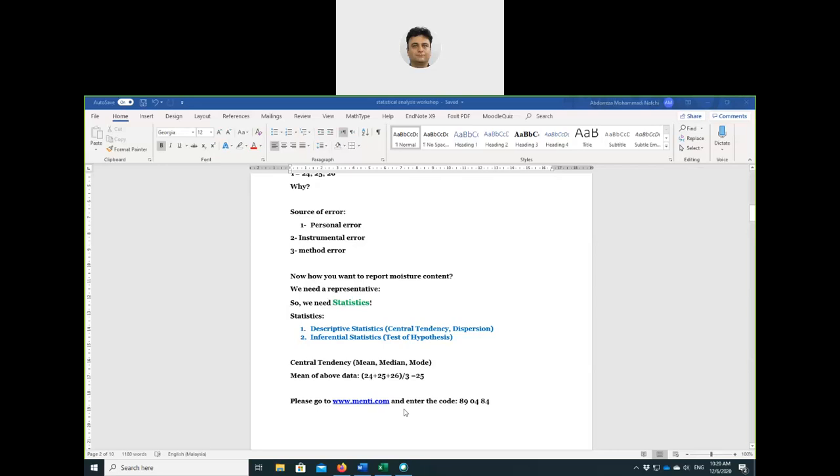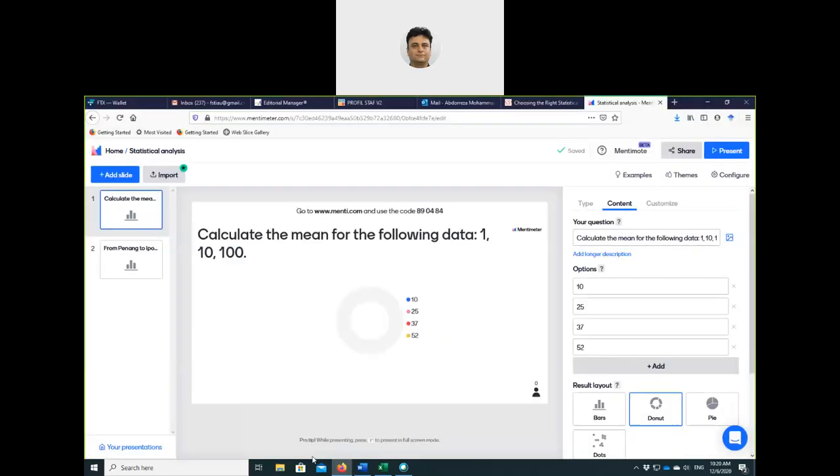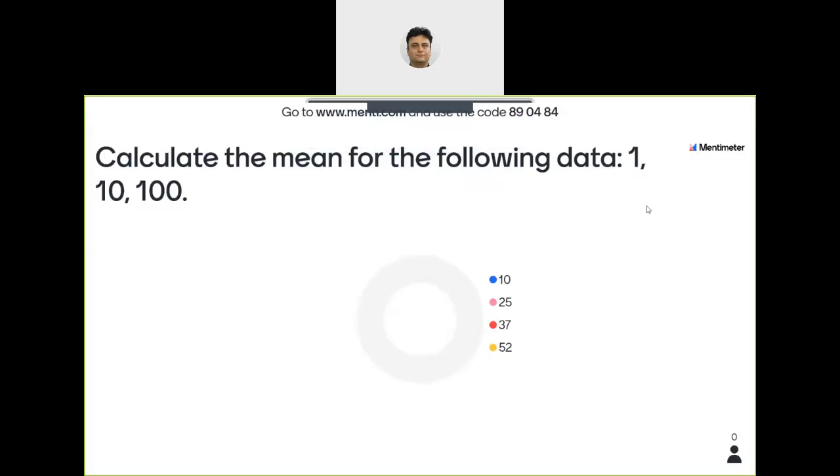Okay, so please go to menti.com and enter the code 890484. Please go there and calculate the mean for the following data: 1, 10, 100.